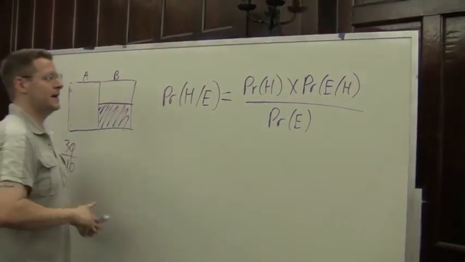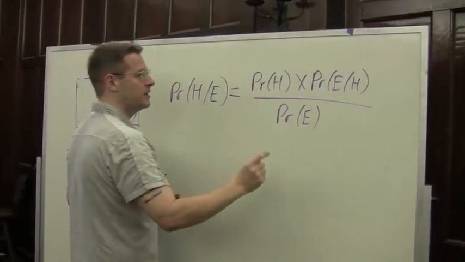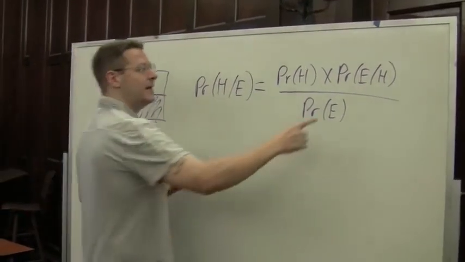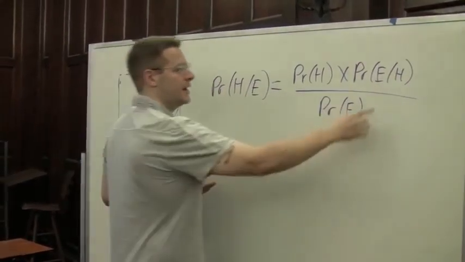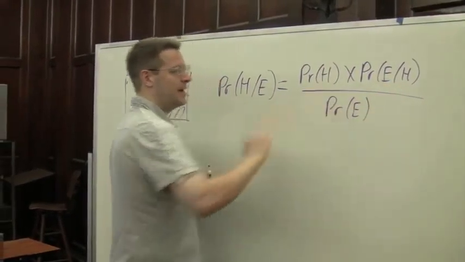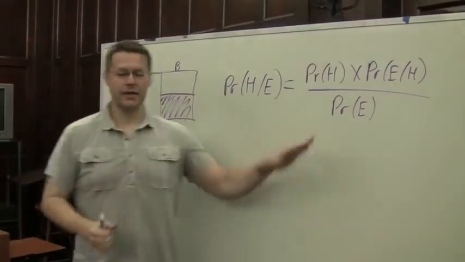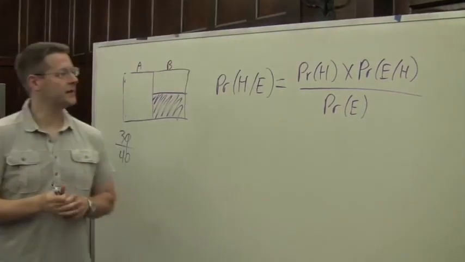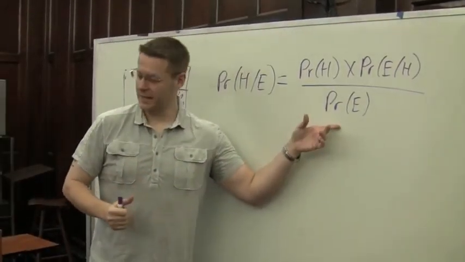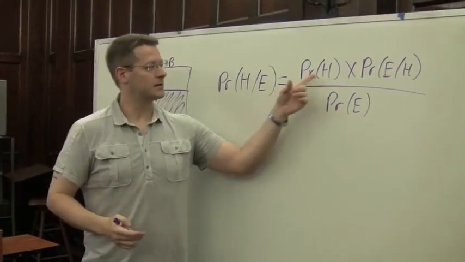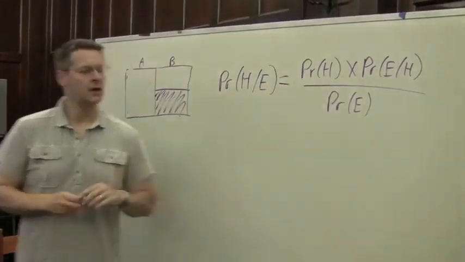And so all this is saying, again, you start off with a certain probability, you get some evidence in, and the evidence has a certain probability on that hypothesis, and that evidence had a certain probability regardless of where it came from. So that's all Bayes' theorem is saying. Not very complicated. Again, this times this divided by this.